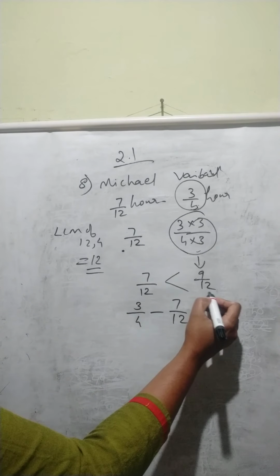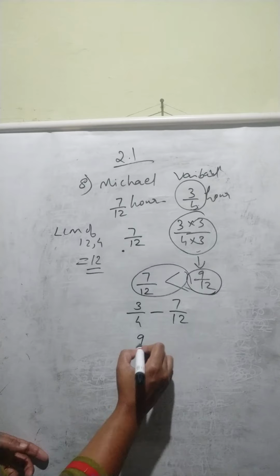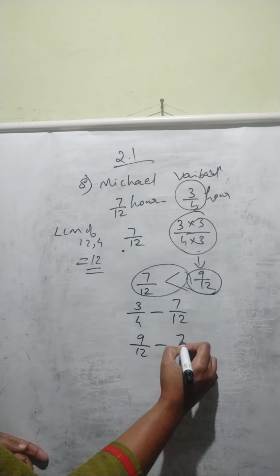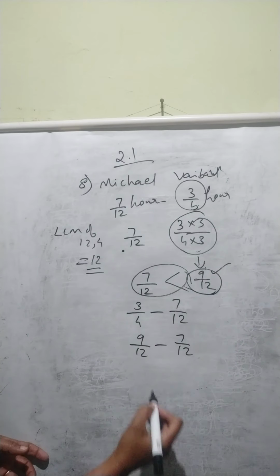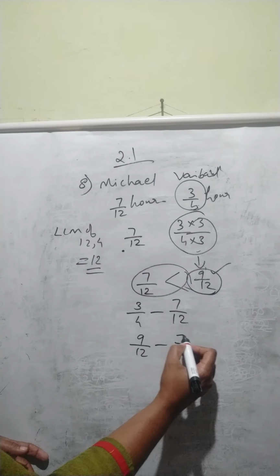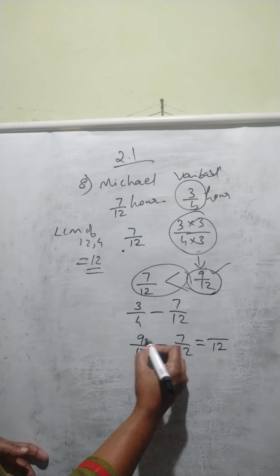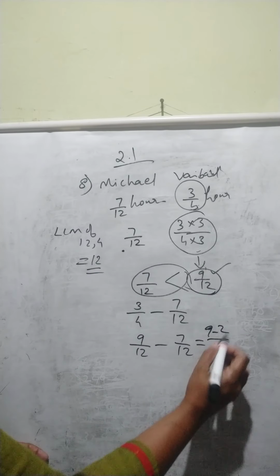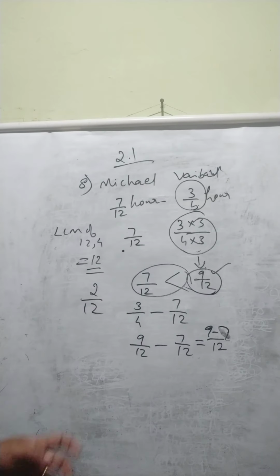Now we have like fractions of these two. That means 9 on 12 minus 7 on 12. 9 on 12 is equal to 3 on 4, so from this we subtract 7 on 12. Now these are like fractions. Then 9 minus 7 is equal to 2, so 2 on 12.